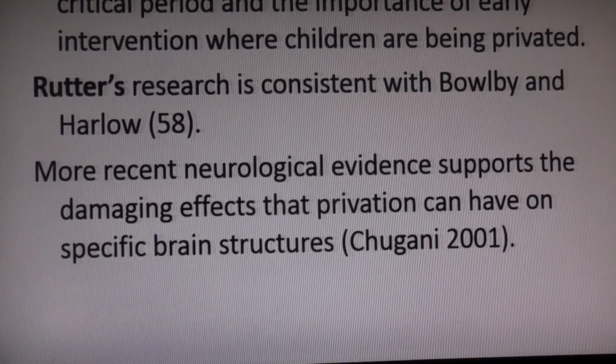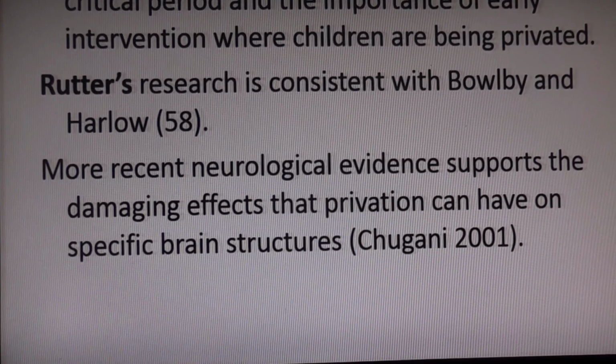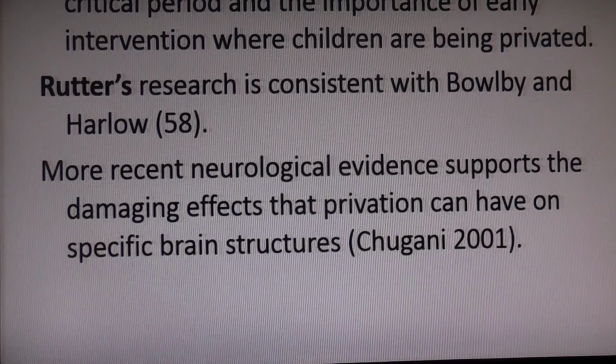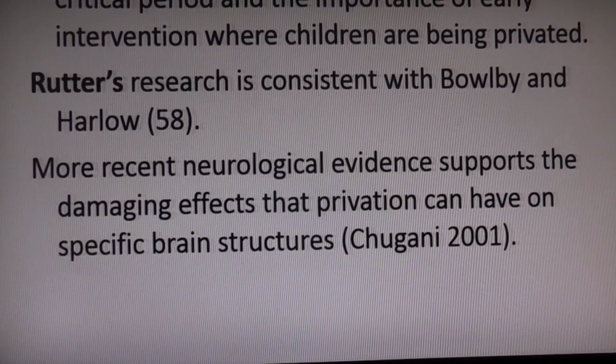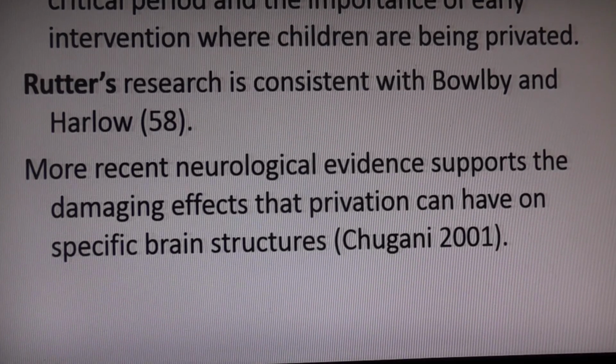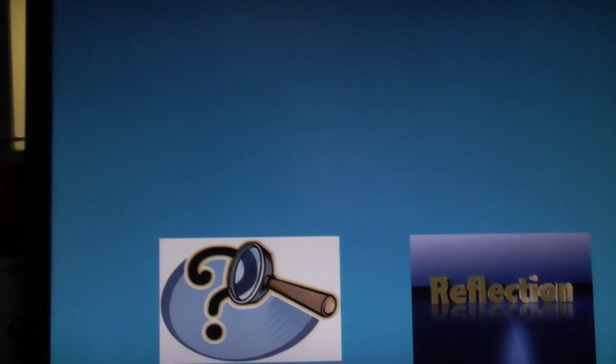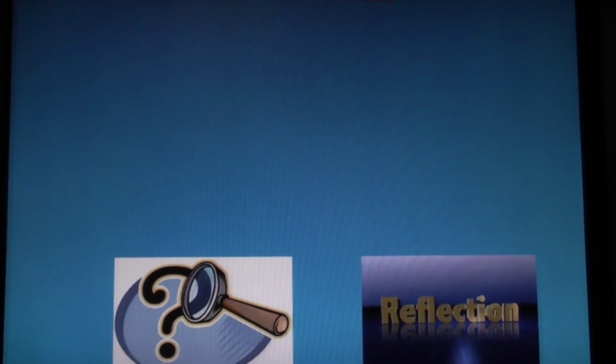Evidence suggests that children do have particular problems with certain areas of the brain, and the privation has very damaging effects, and this can be long term. All in all, although this is a brief video, this is just really to get you to recap and remember over the topic of institutionalisation.